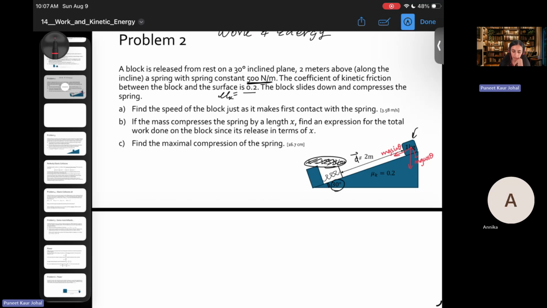First one says find the speed of the block just as it makes the first contact with the spring. So just as it reaches this point right here, right? What concepts can we use? We want to find the speed.